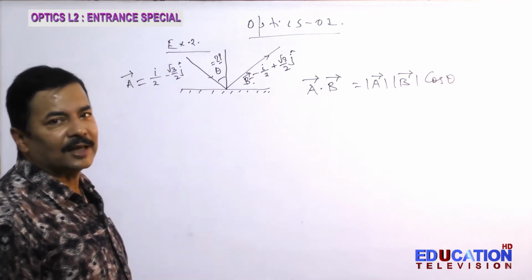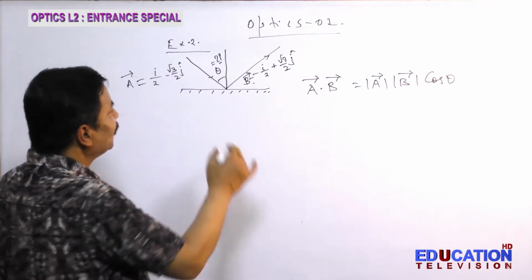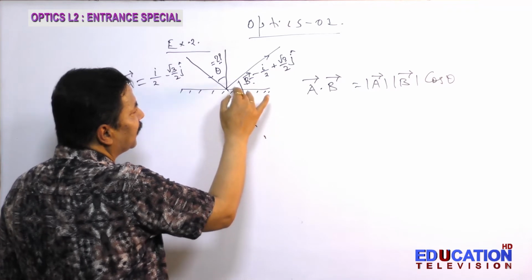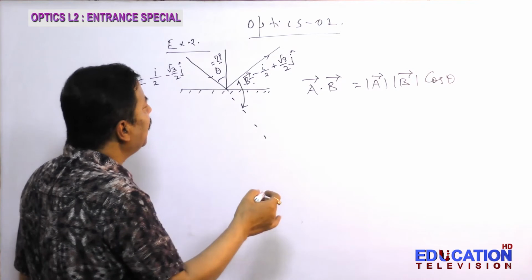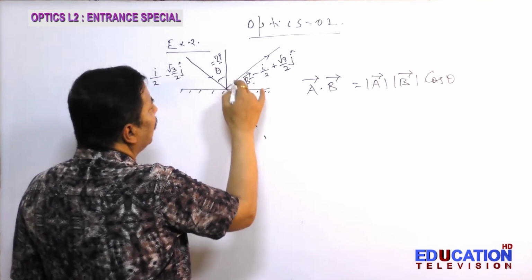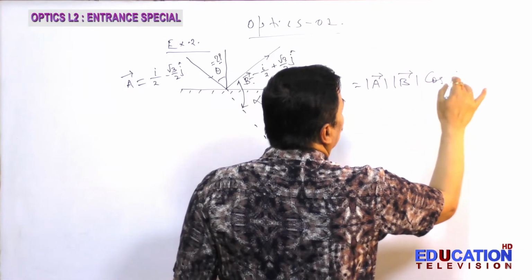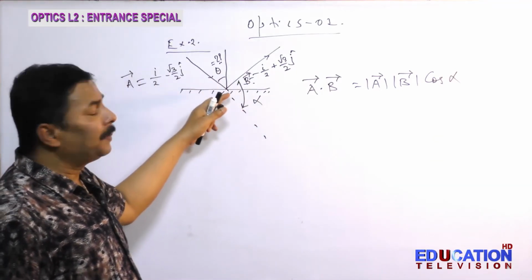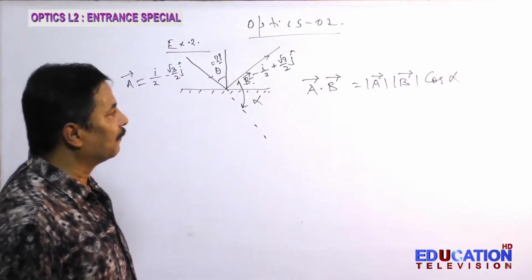But here is the mistake a student makes: the angle between the vectors is not this theta. Suppose I take this angle as alpha, then it should be cos alpha, because the angle between the vectors is the angle between the tails, and we can find the value of alpha.